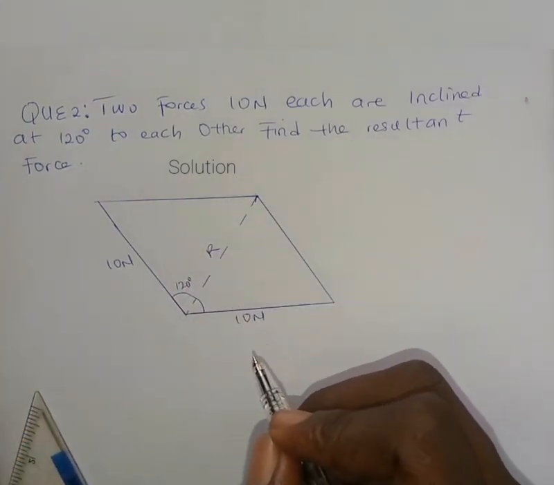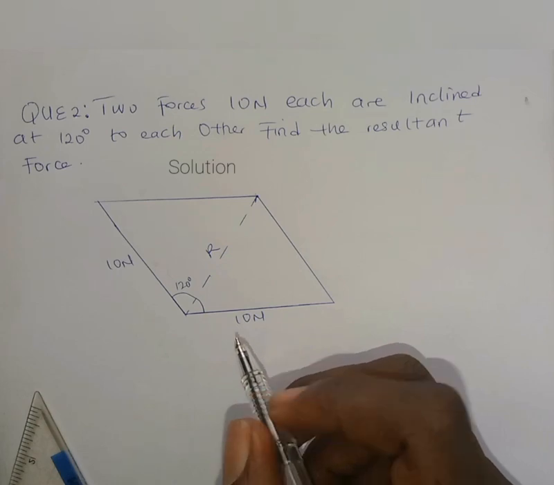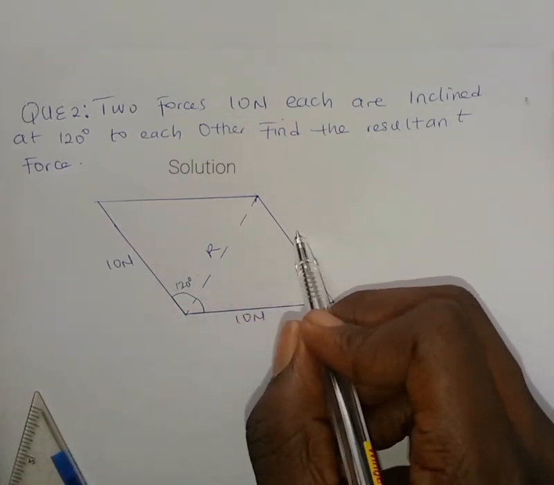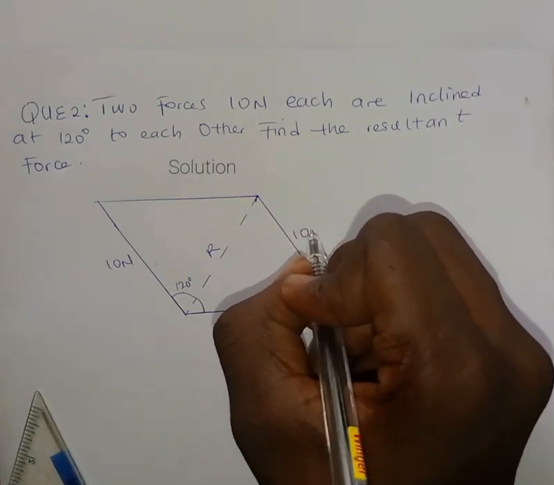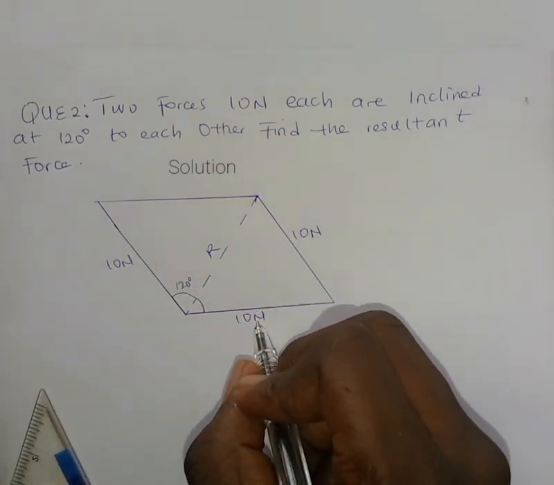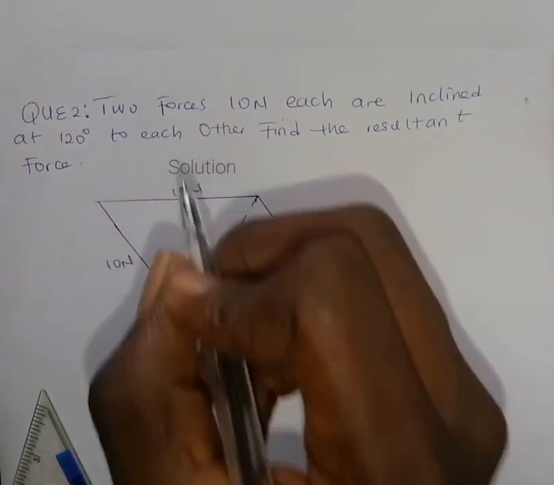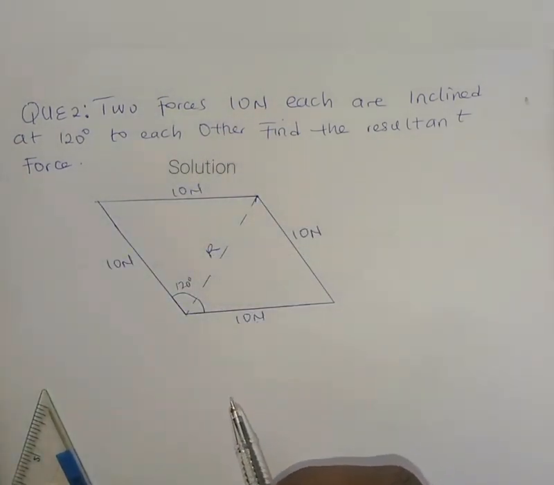Now there's another thing to take note of in a parallelogram. This side is parallel to this, that is, this side has the same magnitude as this. So this side will be 10 Newton, and this side is parallel to this, so this side too will be 10 Newton.